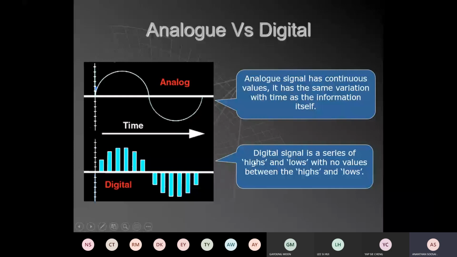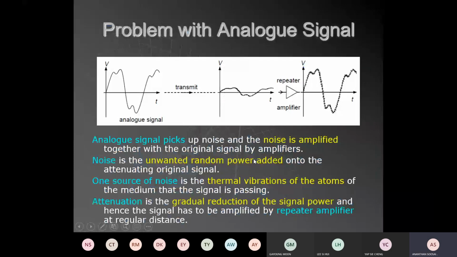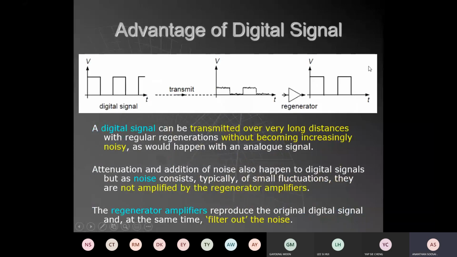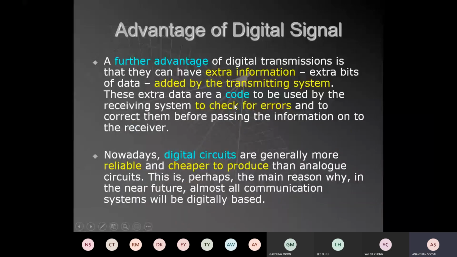Problem of analog: it amplifies noise. So bad. Advantage of digital: it removes noise when regeneration happens. So digital is good. Another advantage of digital: you can encrypt the data.